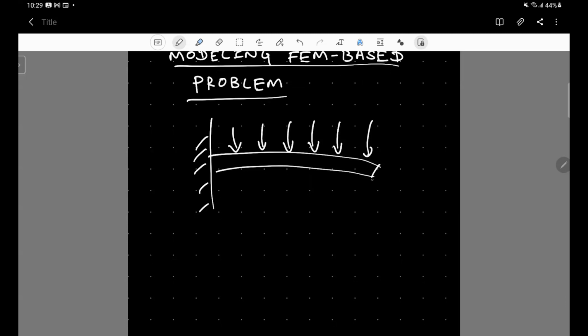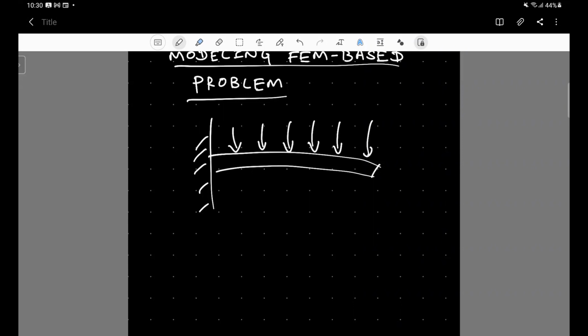Due to this distributed load, it will undergo certain deformation. When you are given such a problem, of course, you can apply beam theory, and you can apply analytical equations to get an exact solution for this problem.